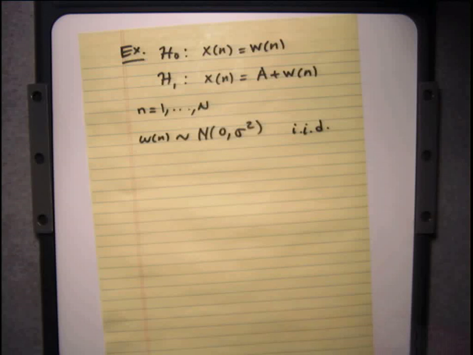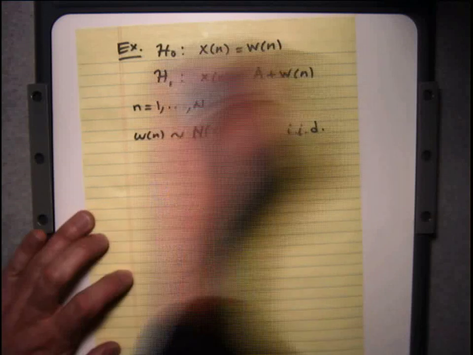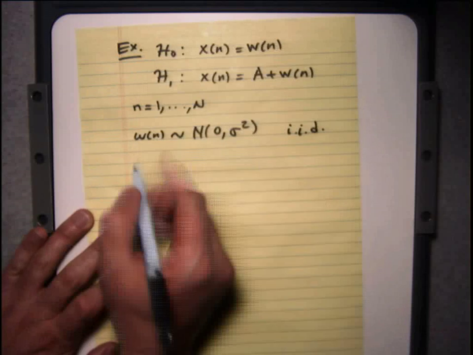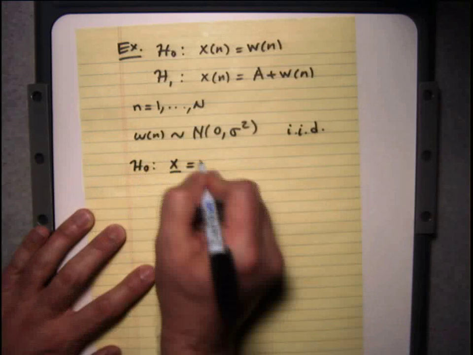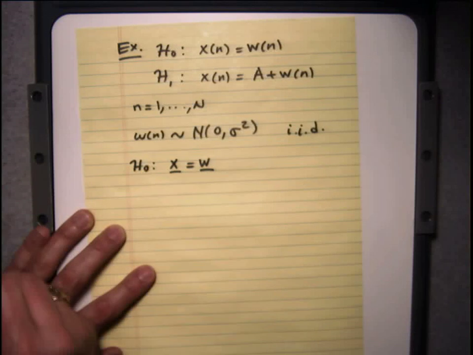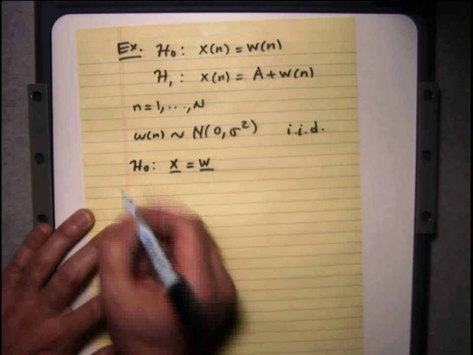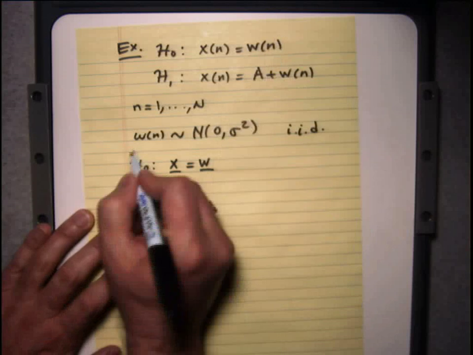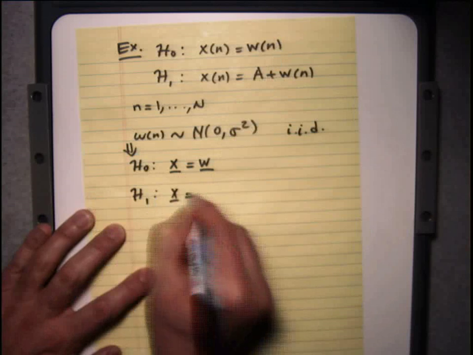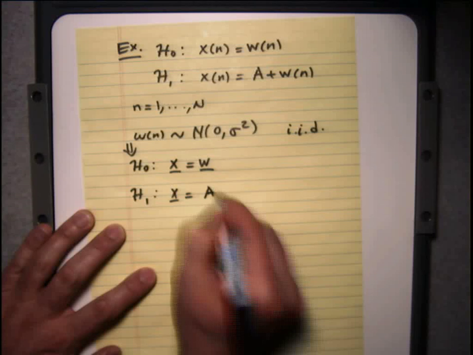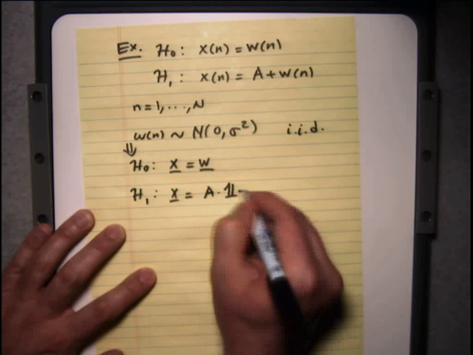Another way to summarize this, since you have N data points, is to define a vector x. Under H0, x is the vector w, the collection of all the noise samples w[n]. Under H1, x is equal to some constant times a vector of 1s plus w.